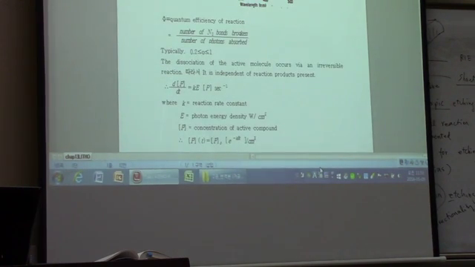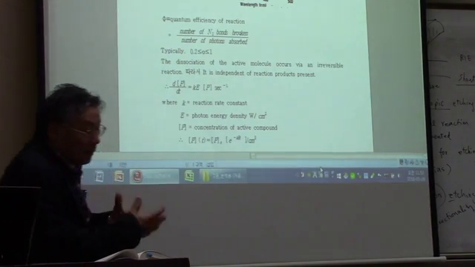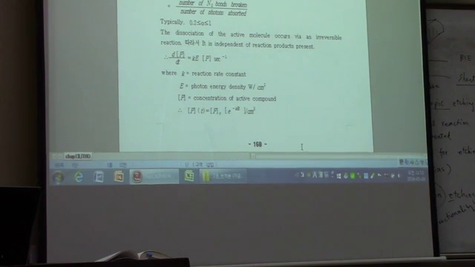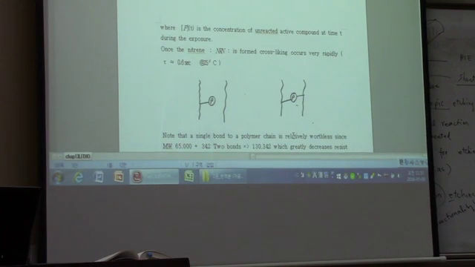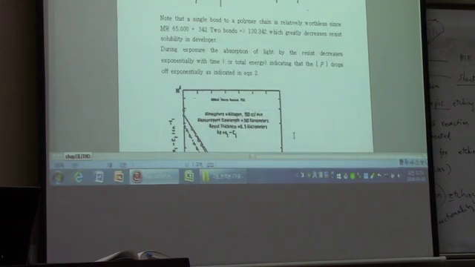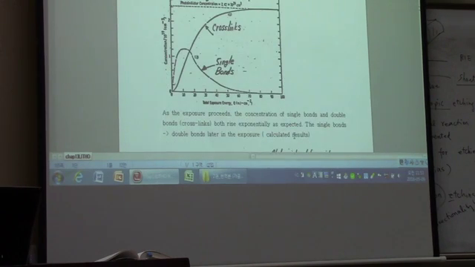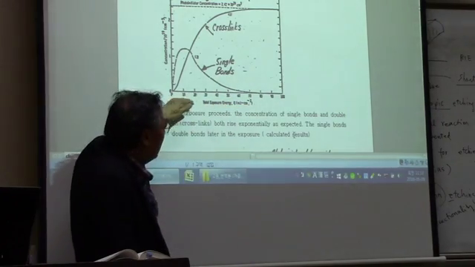And you can have the polymerization rate with some simple equation, and this equation I don't think is important. Anyway, so that is the experimentally observed thing, single bonds and cross links, depending on the energy of the lights.